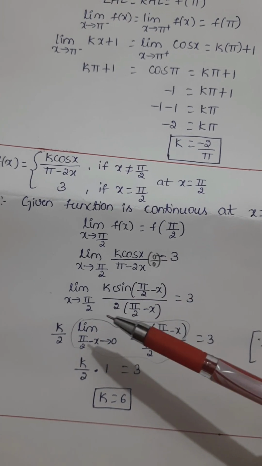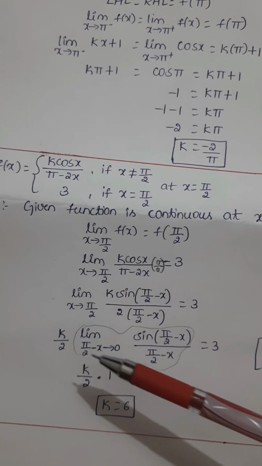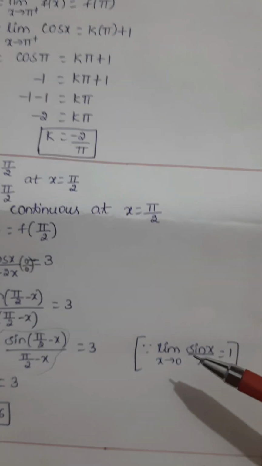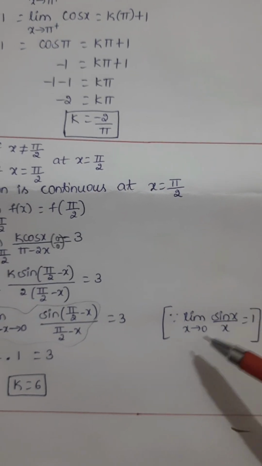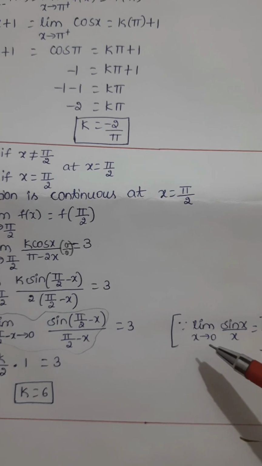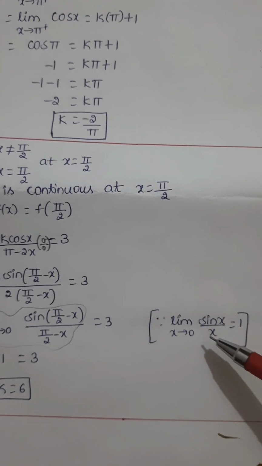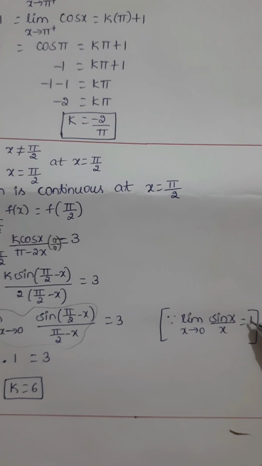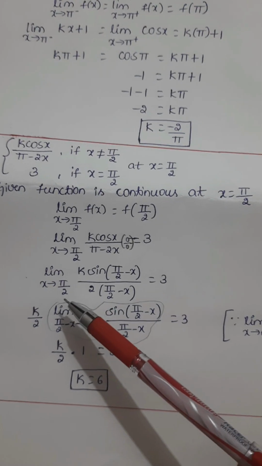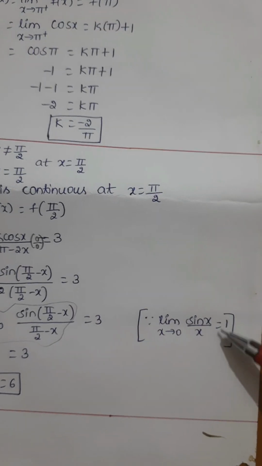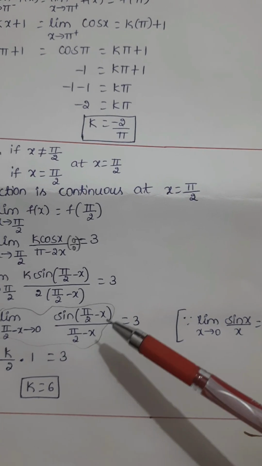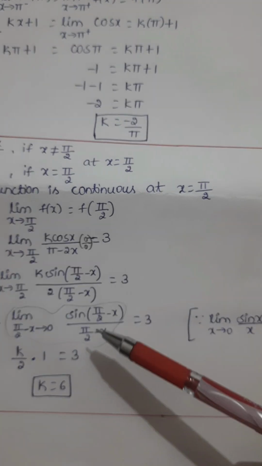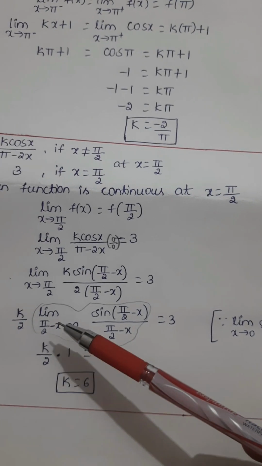K by 2, both are constants, so take them outside of the limit. And in first PU you have studied the sandwich theorem: limit x tends to 0, sin x by x value will be equal to 1. So in the place of x, what do we have here? Pi by 2 minus x. The denominator is also pi by 2 minus x. So here just rearrange this.